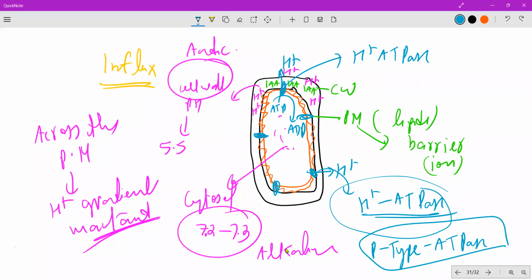Auxins are known to activate these P-type ATPases. ये भी लिख लो. It is the auxins which activate these P-type ATPases. I can tell you so many things. Okay. So the question is, let's not get into all this.